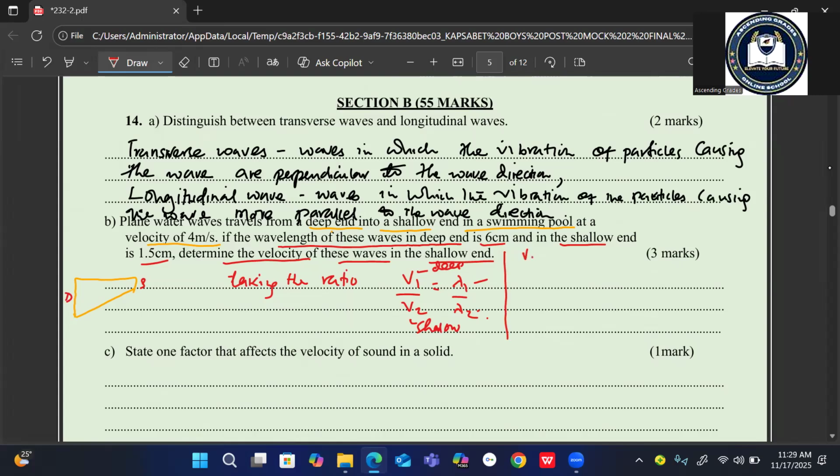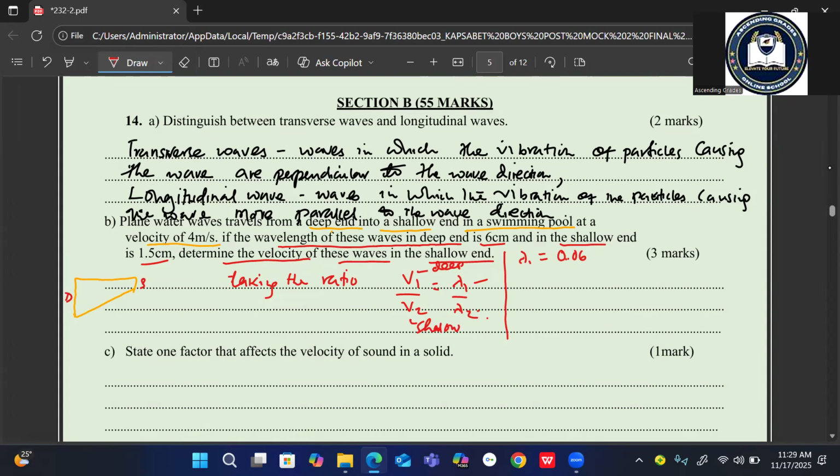Therefore, the wavelength 1 from the question is 6 centimeters, which is equivalent to 0.06 meters. This is supposed to be the wavelength 1.